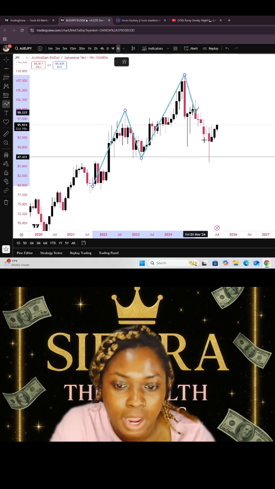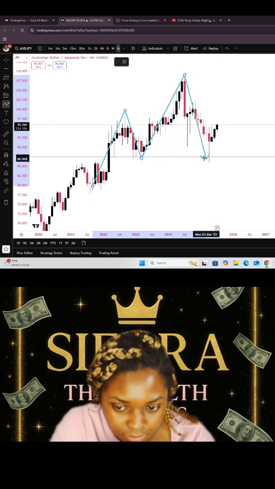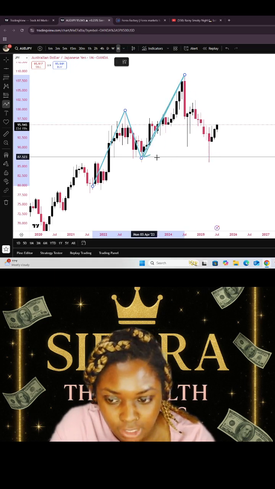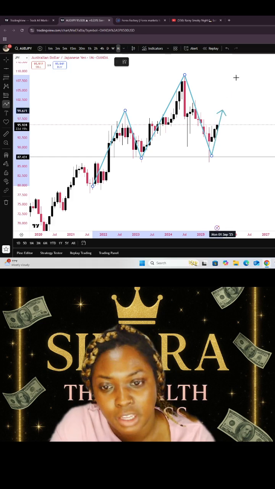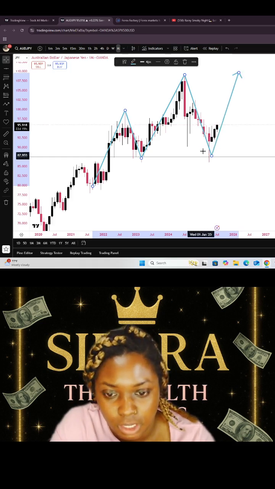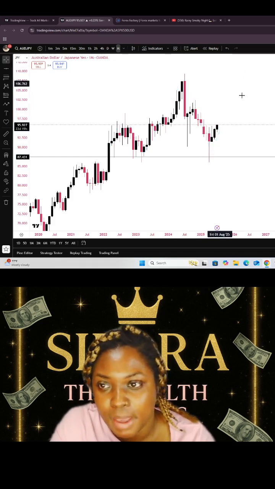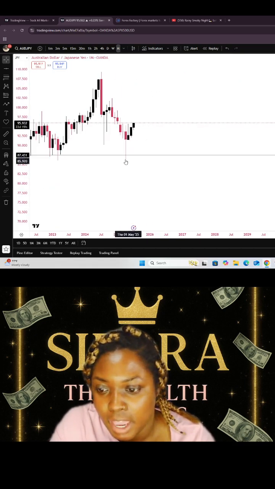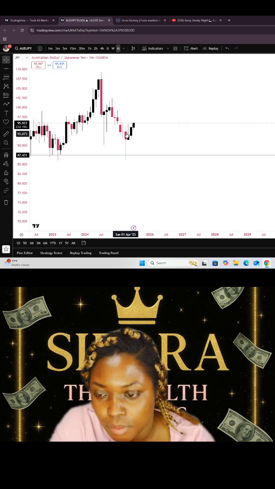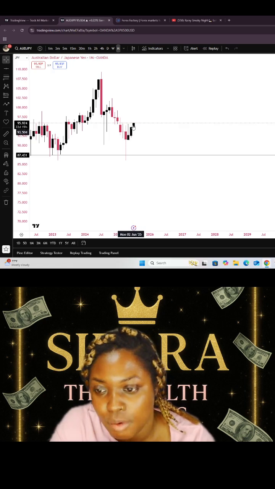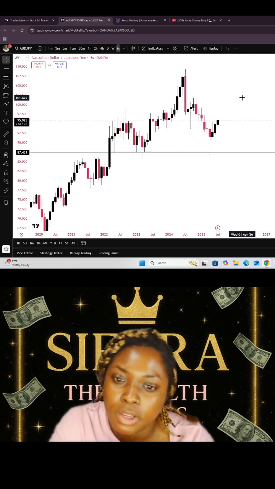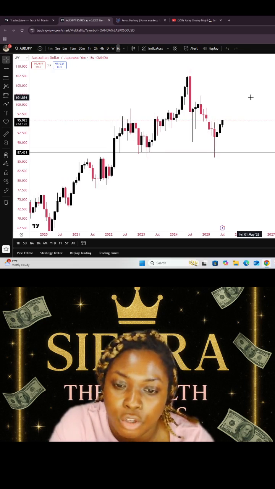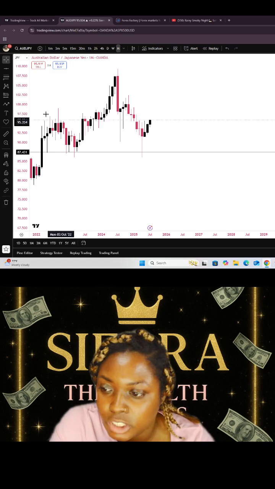And remember, price can come all the way back to its last structure point and continue higher, which is what it looks like it's doing. It came back to this last structure point and left us with this pin bar candle, and now it's just trying to move higher. So I really don't see anything else that I can use. I do see rejection here. I see rejection all throughout here.